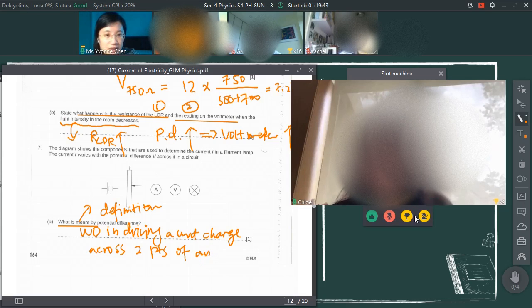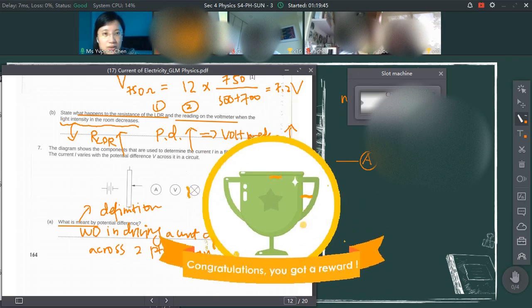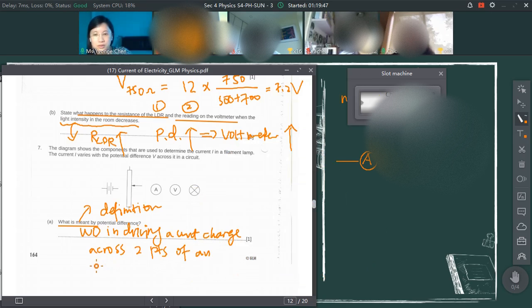Good, thank you. That's the definition. What is meant by potential difference? It is the work done in driving a unit charge across two points of an electric circuit.